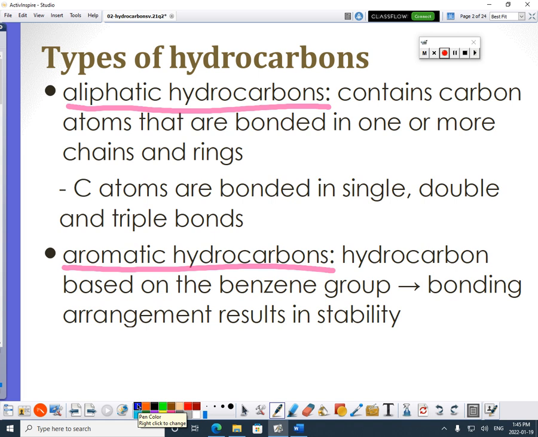They are carbon atoms that can be bonded with single, double, or triple bonds, saturated or unsaturated. They can be rings, they can be chains, long chains, short chains, branched chains, anything. And then we're going to look at a class of hydrocarbons called aromatic.